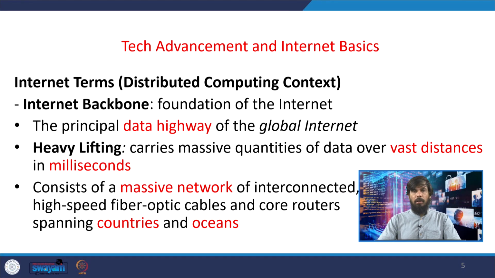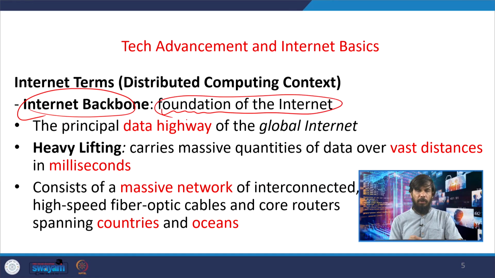Now moving on, we look at the internet across the globe, right, the global internet. What is the main infrastructure that is running and supporting the internet across the globe? That is referred to as the internet backbone, and it is in a sense the foundation of the internet.